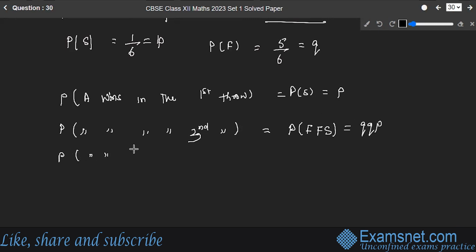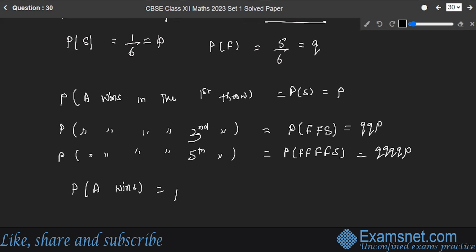Similarly, the probability A wins in the fifth throw is failure, failure, success. That is equal to Q, Q and P. So the probability A wins is given by P plus Q squared P plus Q raised to power 4 P, and so on.